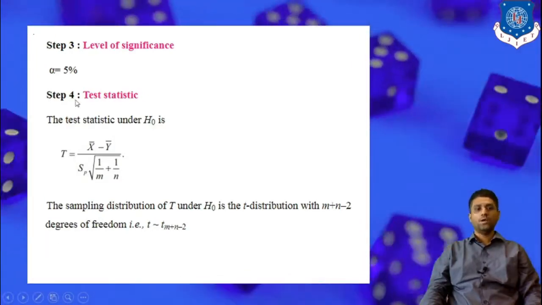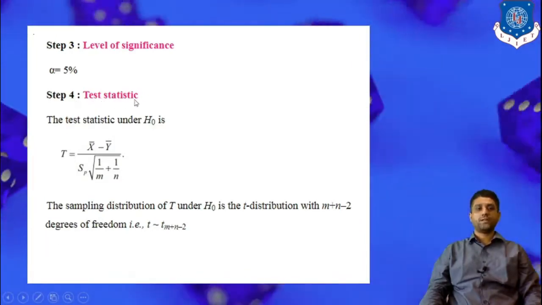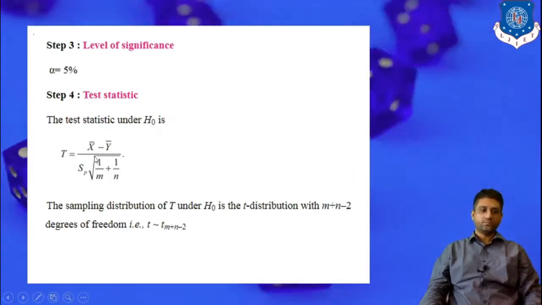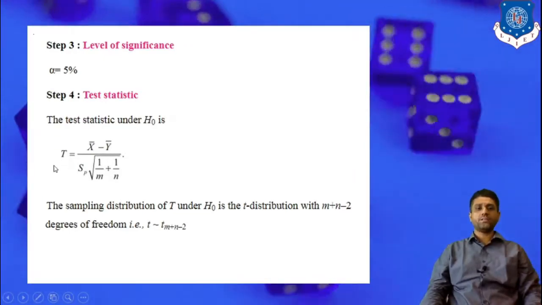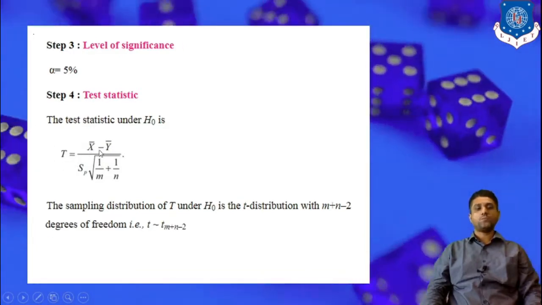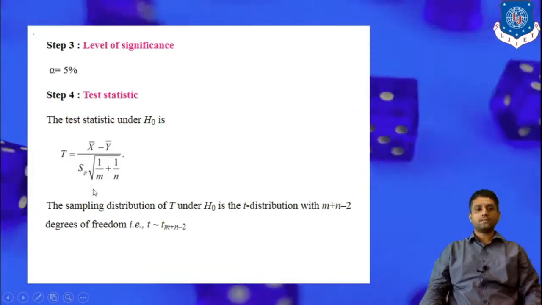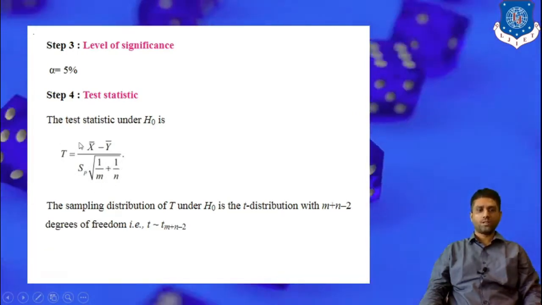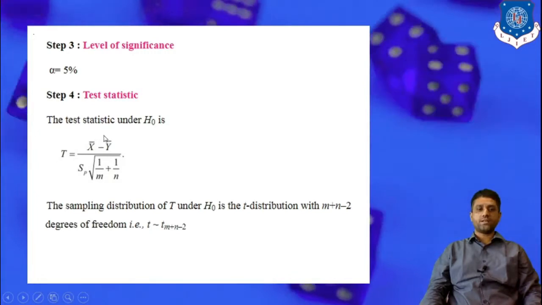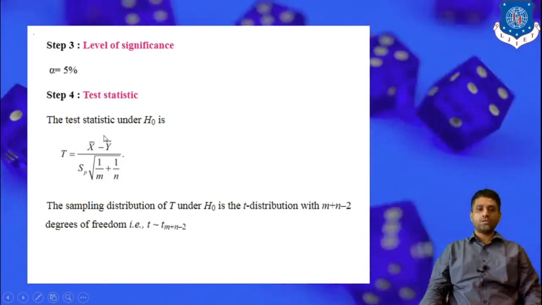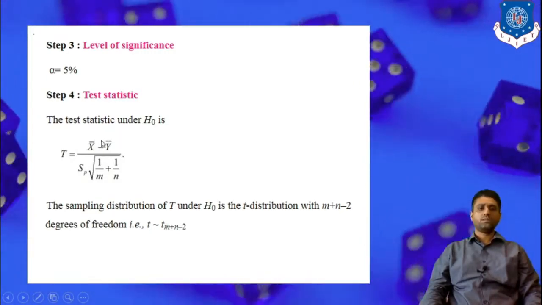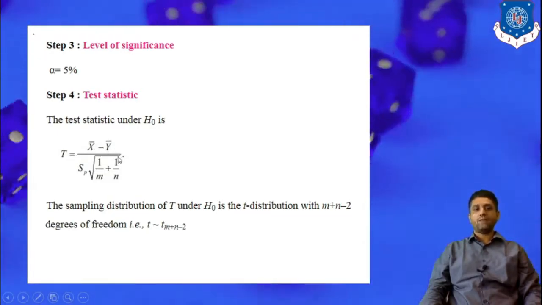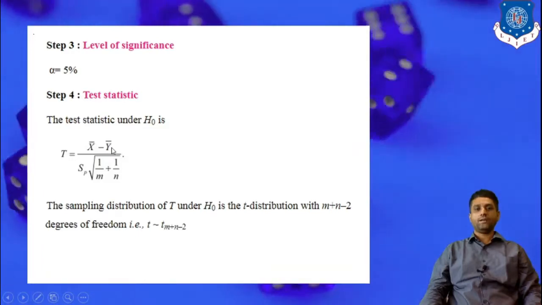Step number 4, we have to find the test statistic. On the basis of the null hypothesis, we define the t statistic as x bar minus y bar upon s into square root of 1 upon m plus 1 upon n. Here we consider this t statistic because our question is to check whether the average life of type A battery and type B battery are significantly the same or not.